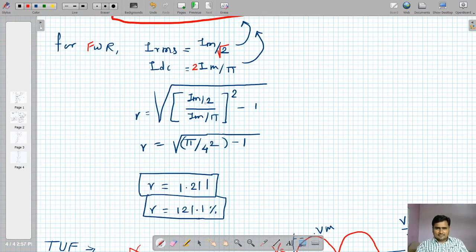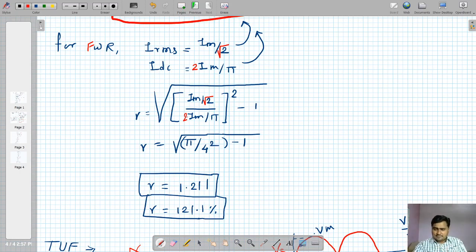Right? So what is the remaining thing? If I square, it will be Im square, and they can cancel each other.